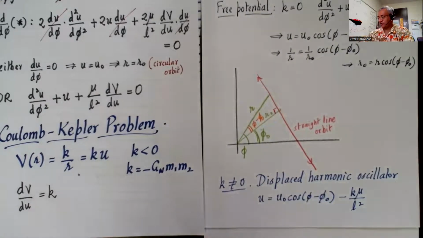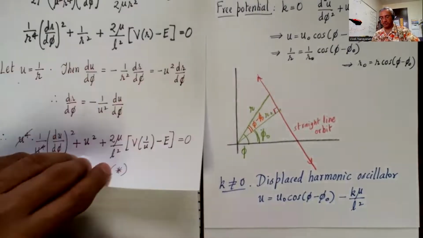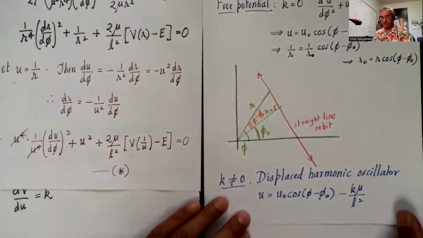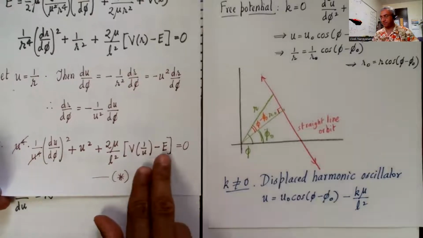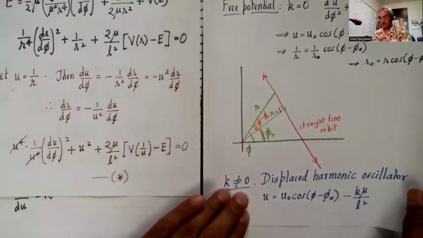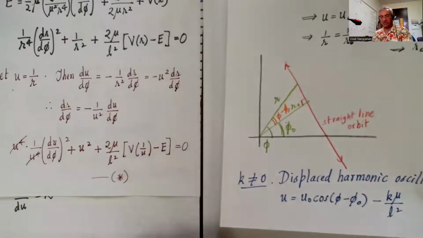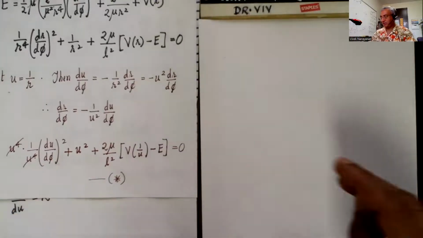Now, what I'm going to do is use this in the equation star. So let me get back the original form of star, which is here. So I'm going to put this in the equation star. Let me rewrite star in a slightly different way.